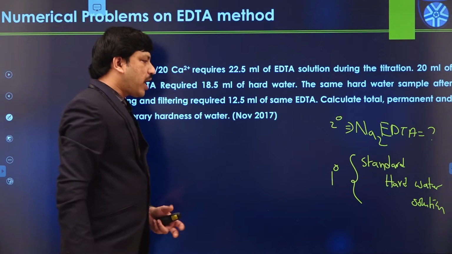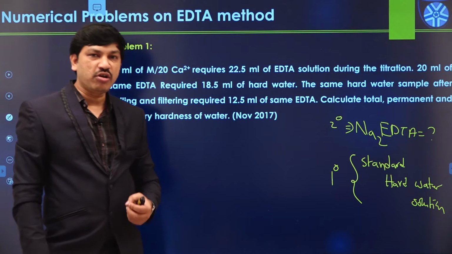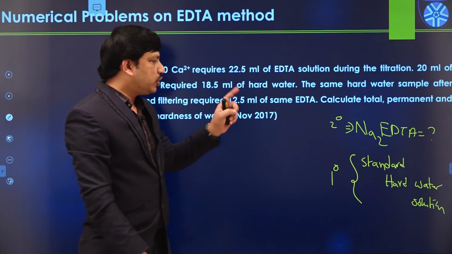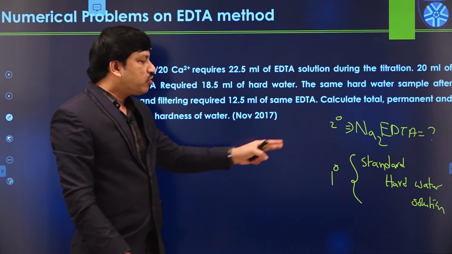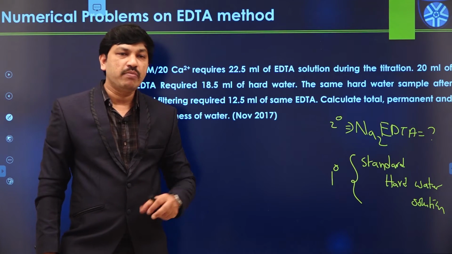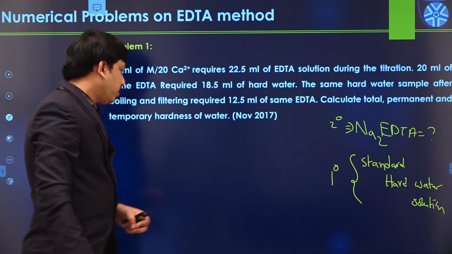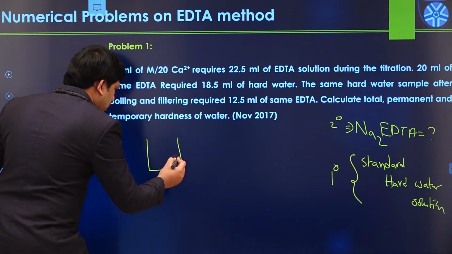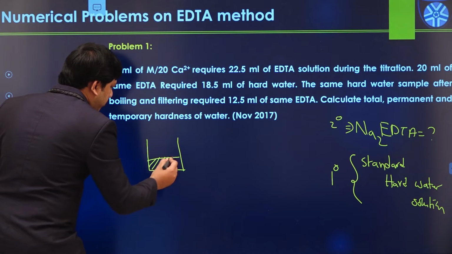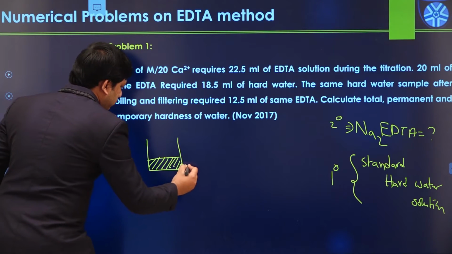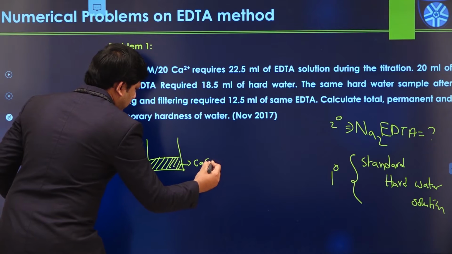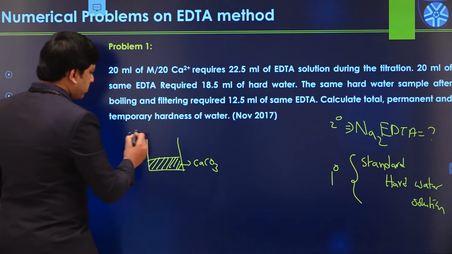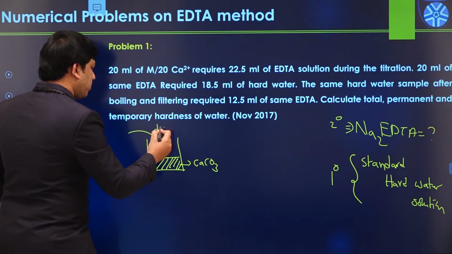Generally the standard hard water sample is prepared from calcium carbonate, because we know that calcium carbonate is a highly insoluble material in the water treatment process. So we have to prepare the standard hard water sample using calcium carbonate only. First of all, we take a certain amount of solid calcium carbonate in a beaker, and then add distilled water.